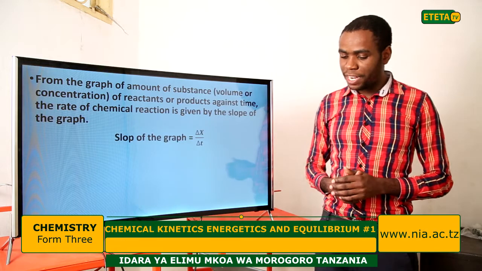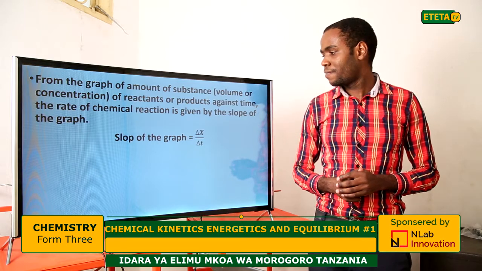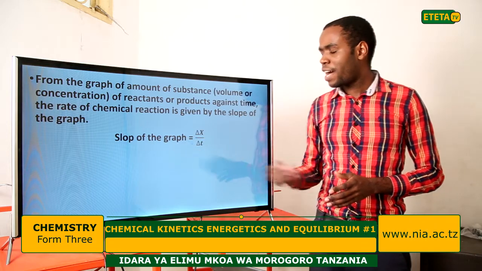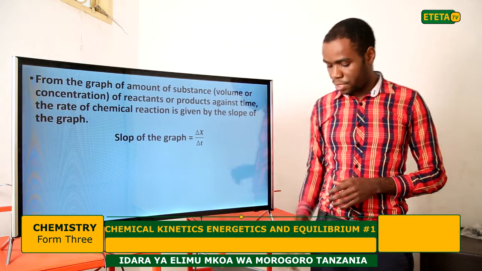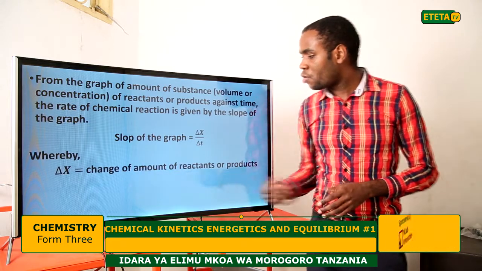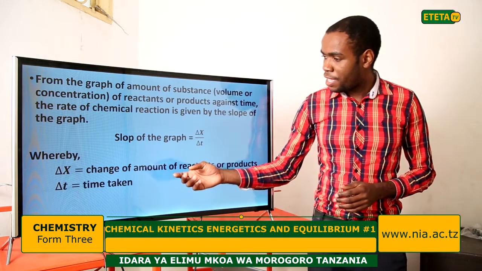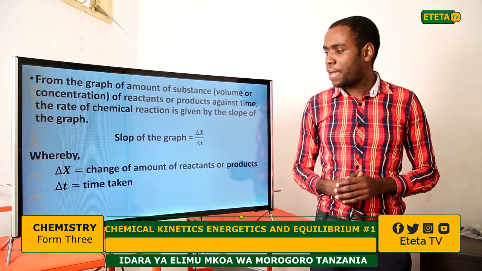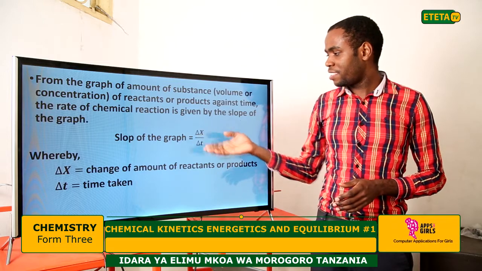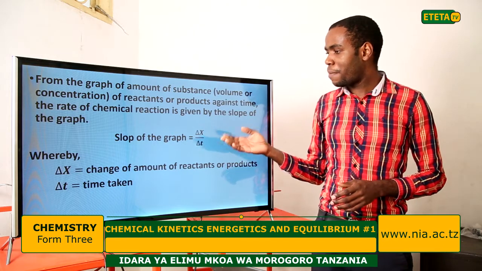Mathematically, the slope of the graph is equal to change of x over change of t, where change of x is the change in the amount of reactant or product, and change of t is the change in time taken.